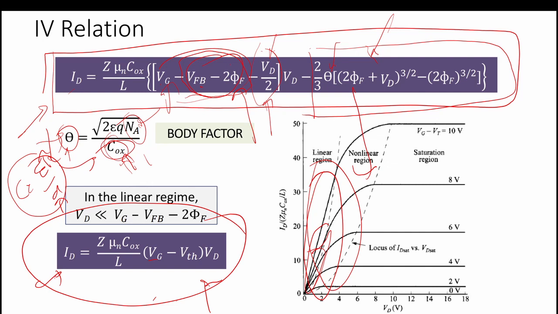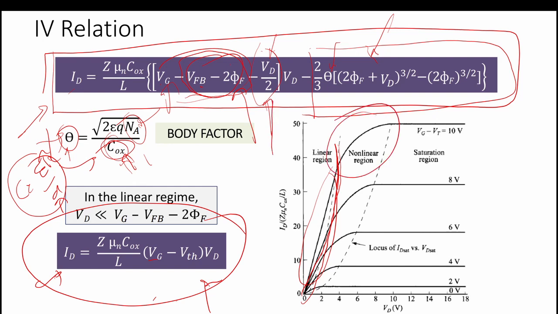So in this region, you can see, this is the linear region. Okay, this is the non-linear region. When this minus V_D by 2 term starts dominating, there comes a non-linear region.